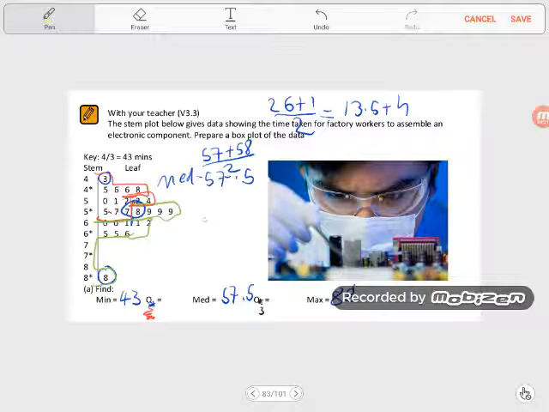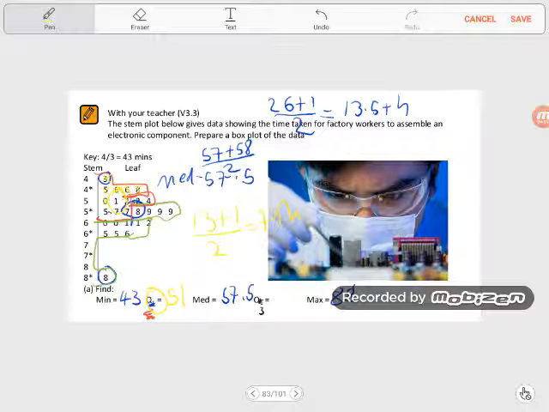So we'll do a similar little calculation for the Q1. There are 13 scores plus 1 over 2. 13 plus 1 is 14 over 2 is the 7th score. So 1, 2, 3, 4, 5, 6, 7. Him right there, which is a 51.